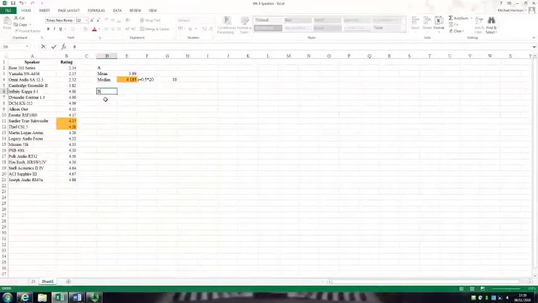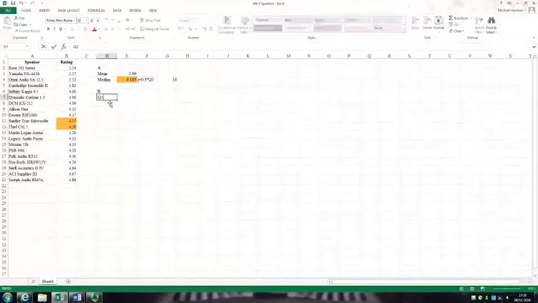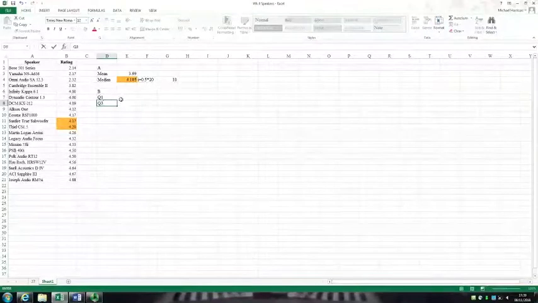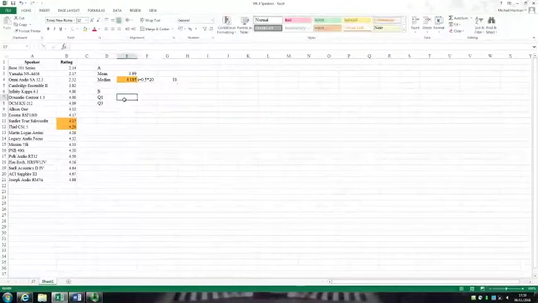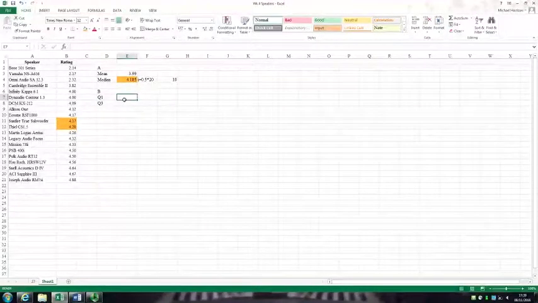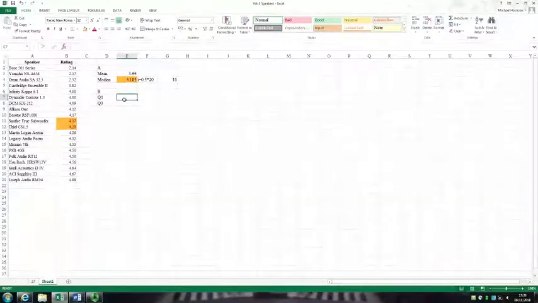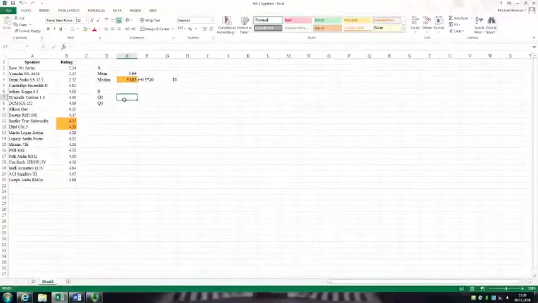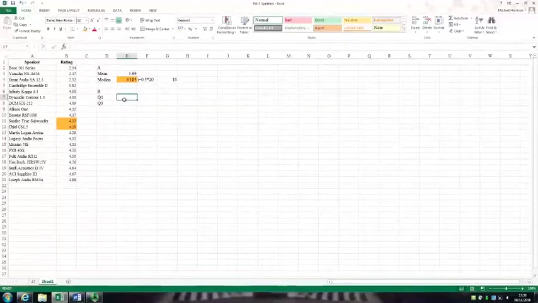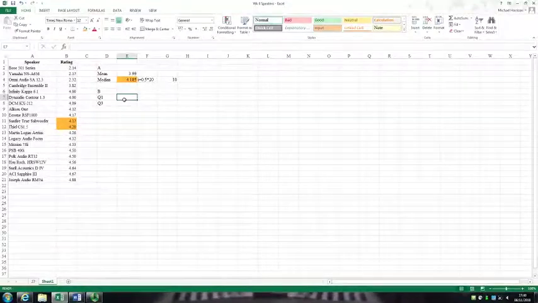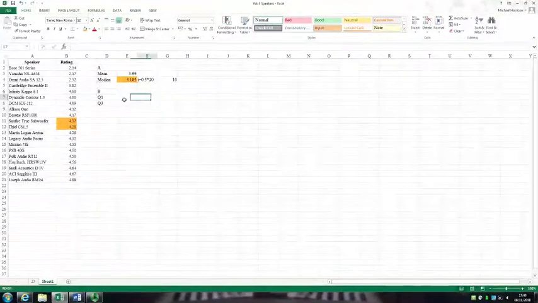B requires us to calculate the first quartile and the third quartile. It is possible to calculate the second quartile, but the second quartile is the exact halfway point, which is also known as the median. So we're going to apply a very similar method to calculate our quartiles.